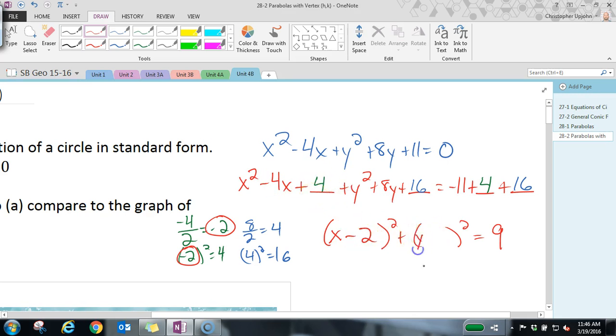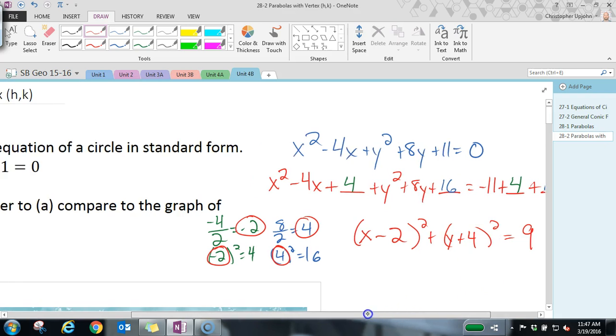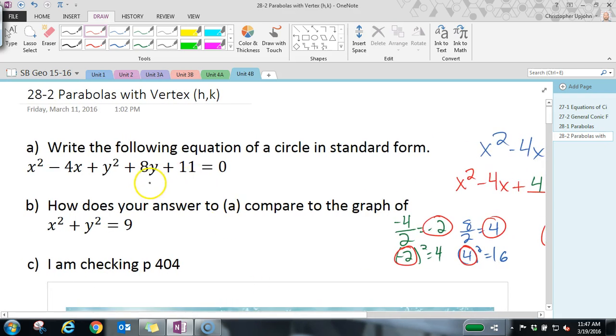Here in the next spot, we get y, and it's always this number, 4. 4 times 2 is 8, and 4 squared is 16. So there's our equation: x minus 2 squared plus y plus 4 squared equals 9.